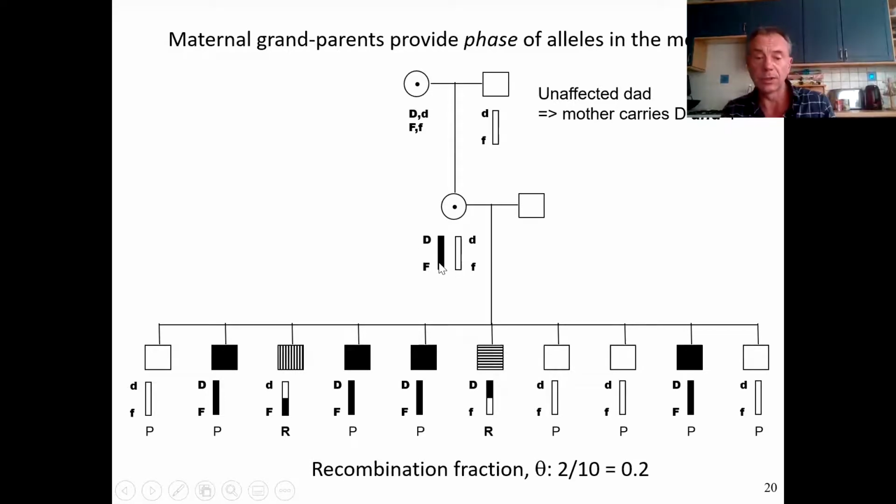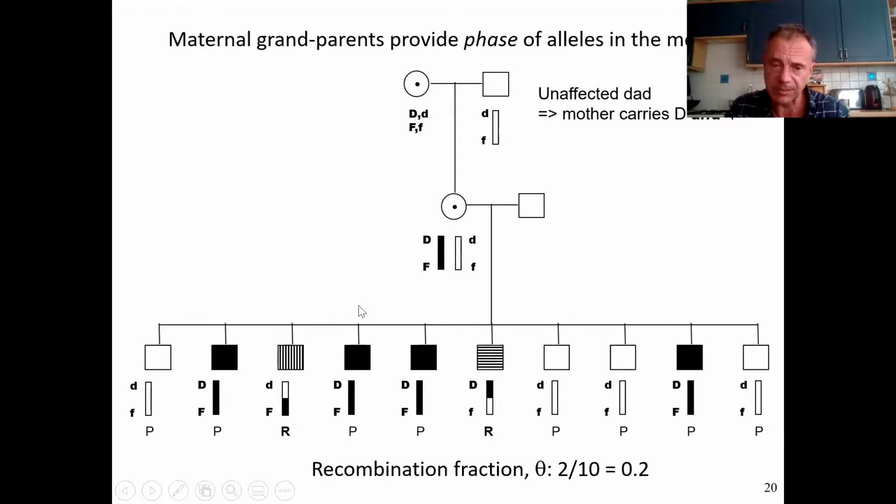And so now we're good to make some inferences about when recombination is occurring or not, because we know the haplotypes of these two alleles in this mother. And that means that we know that this son, who has two normal alleles, there's been no recombination. He's inherited both normal alleles, so he's inherited this haplotype intact.